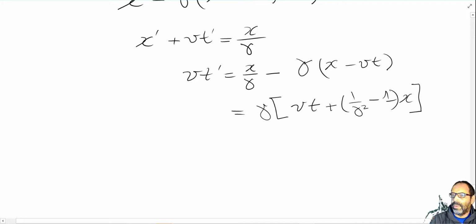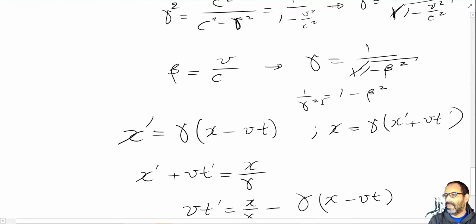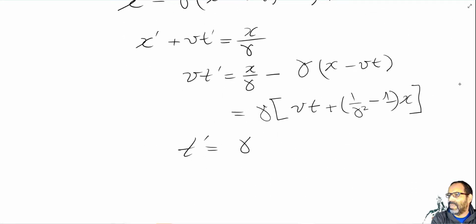We found the transformation. So t prime equals gamma times (1 over gamma squared minus 1). I just said that 1 over gamma squared is equal to 1 minus beta squared. So 1 over gamma squared minus 1 is going to be negative beta squared, or if you wish, negative v squared over c squared.